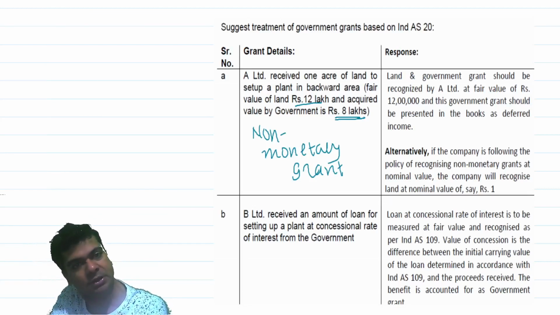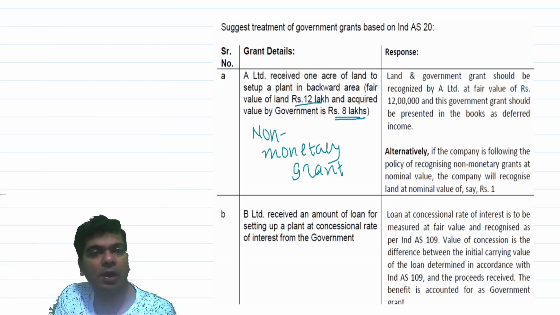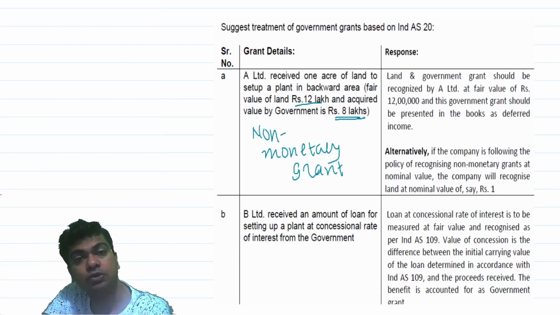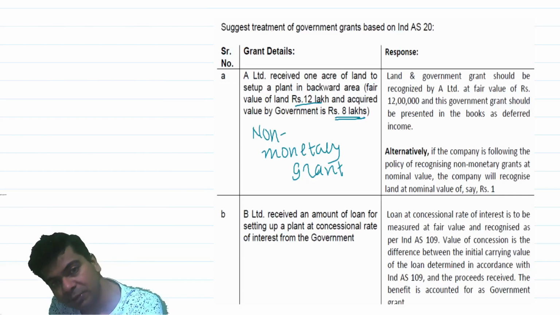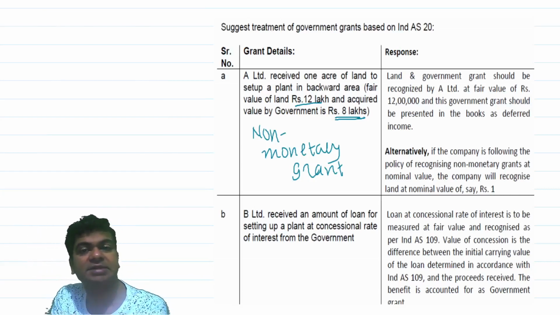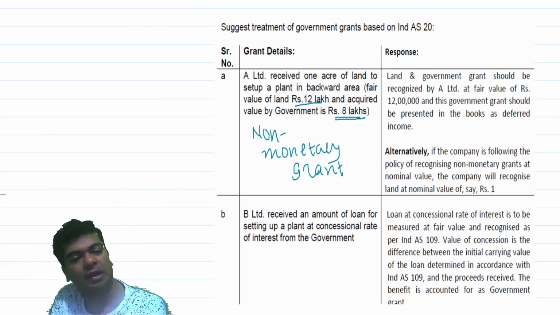Ultimately, when I receive land from government, the value of that land is 12 lakhs. Hence, I will report land at its fair value of 12 lakhs, and correspondingly, I will also create a government grant of rupees 12 lakhs. Getting it? The asset as well as the grant, both of them will be valued at its fair value.